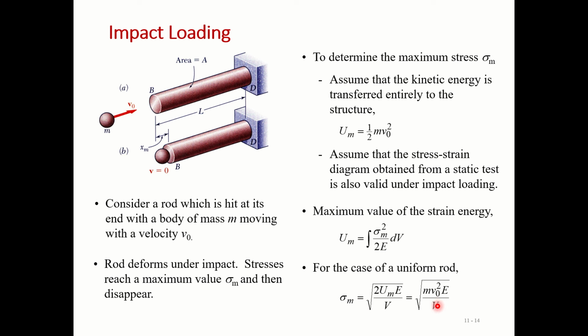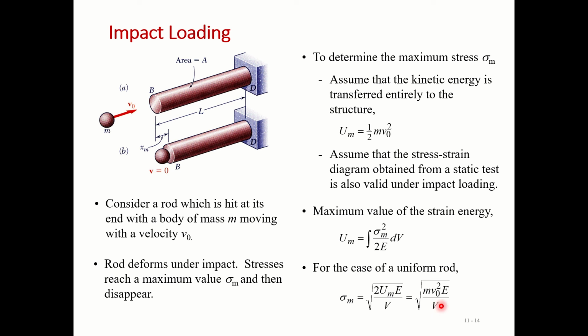In this way we relate the velocity of the object which is hitting the other object with the maximum value of the stress generated inside this rod. You can see from this relation that the maximum stress is directly proportional to the modulus of elasticity. If the modulus of elasticity is higher, the stress will be higher.